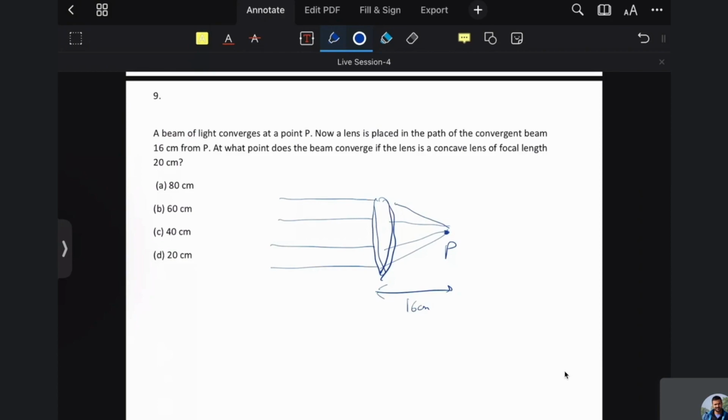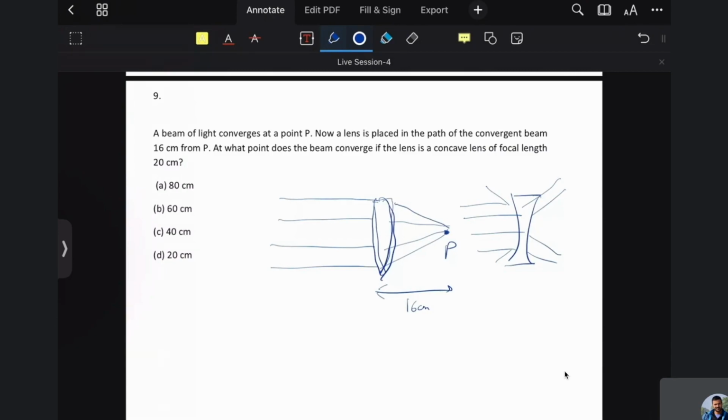This lens is a concave lens, which looks like this. And you know that a concave lens always diverges the light rays. So at which point will the beam converge, that is the question.